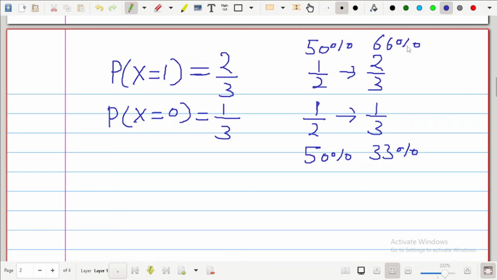That means here uncertainty is decreasing. I am making things certain.